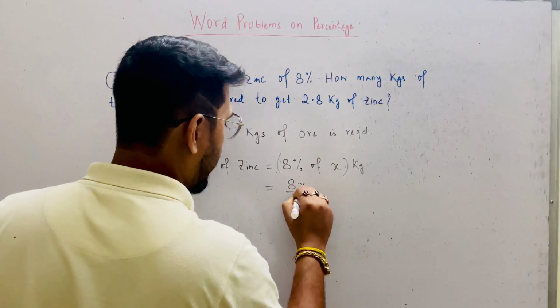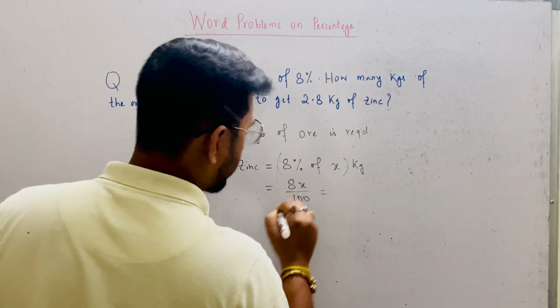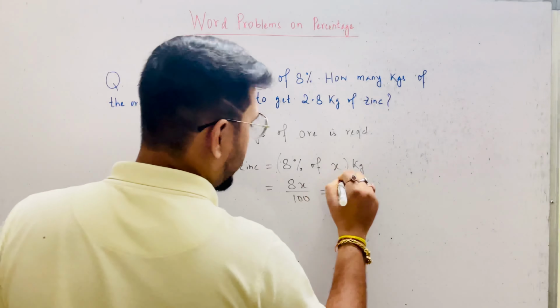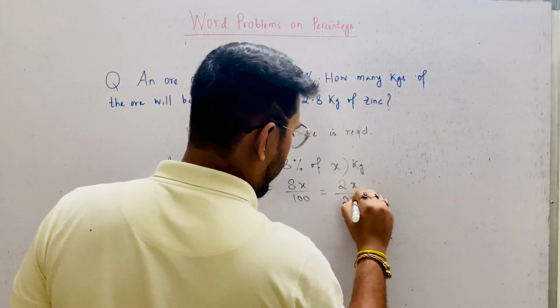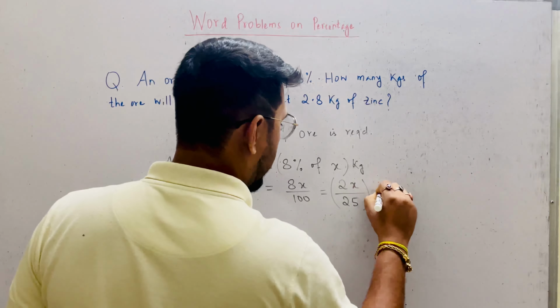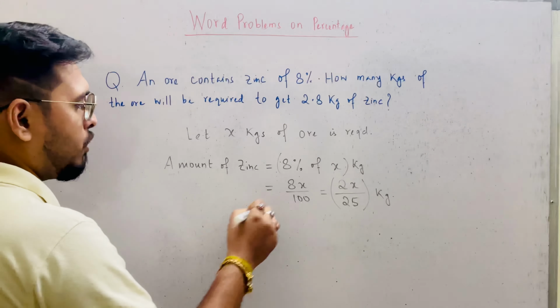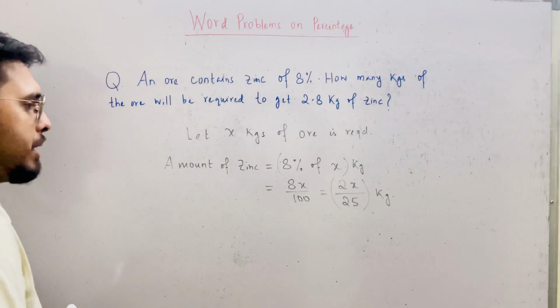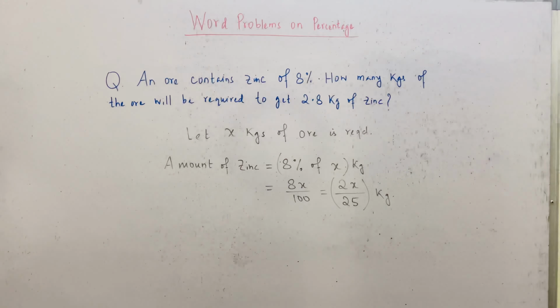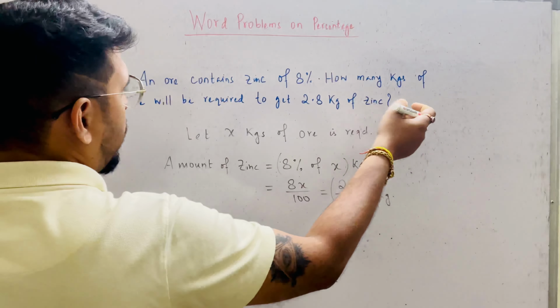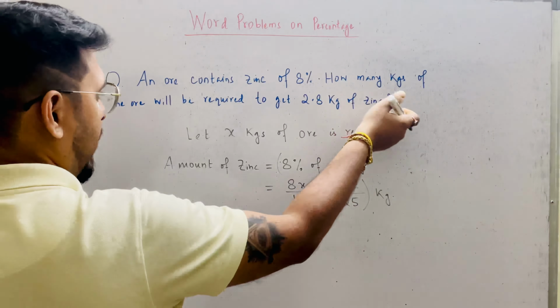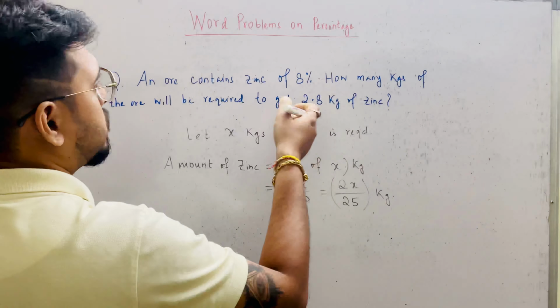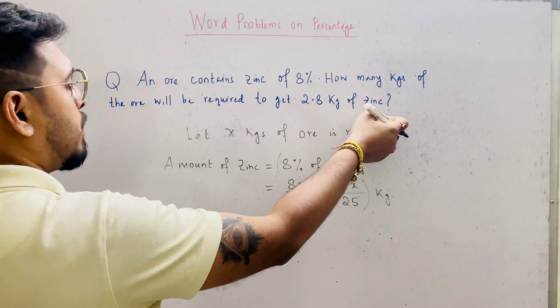8% means 8x by 100. If you minimize it, it is going to be 2x by 25. I have eliminated by 4: 4 times 2, 4 times 25. Now according to the question, if x kgs of ore is required to get 2.8 kgs zinc, that means in x kgs ore 2.8 kgs zinc will be present.